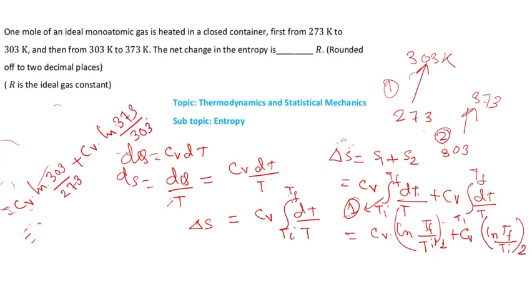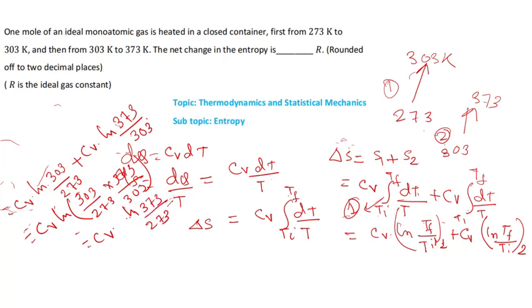If we multiply, 303 cancels, so we have Cv ln 373 by 273. We know Cv equals 3 by 2 R.